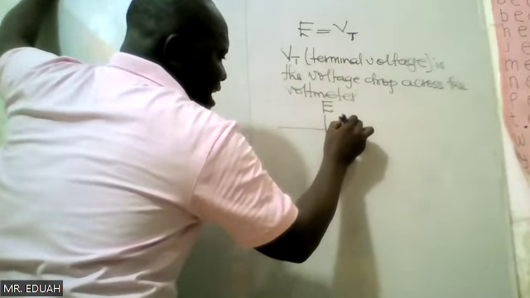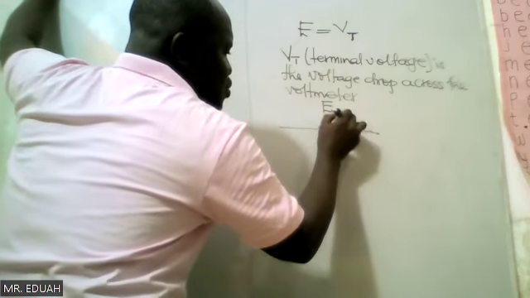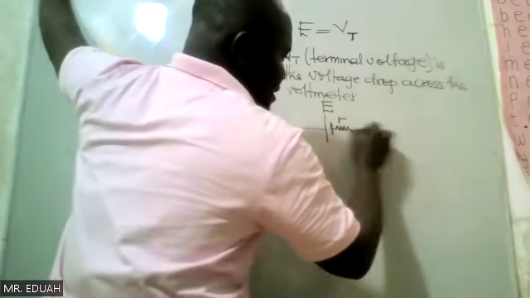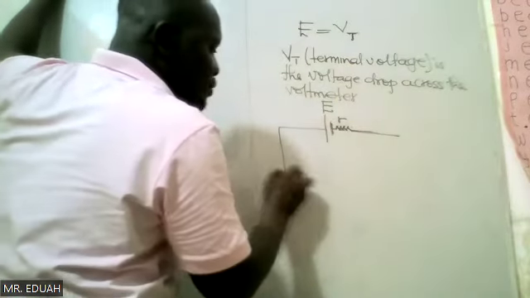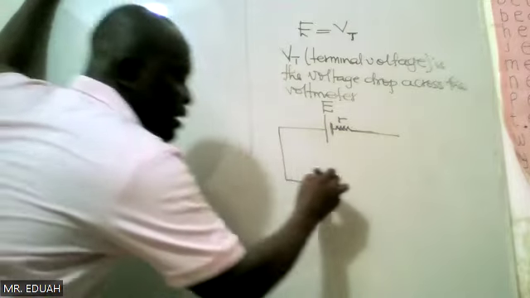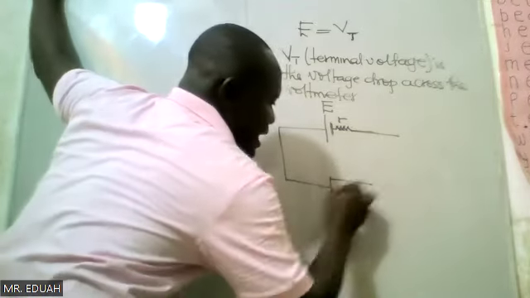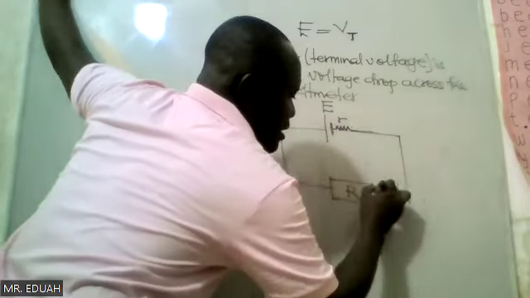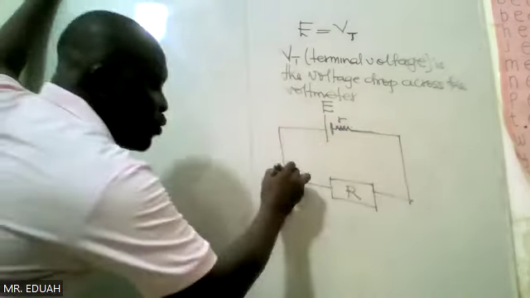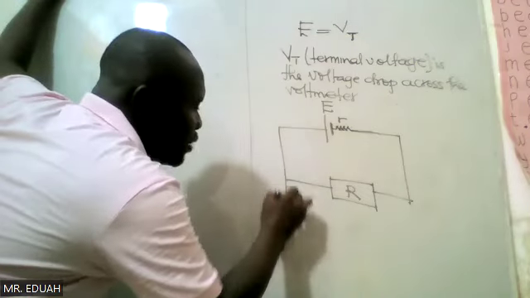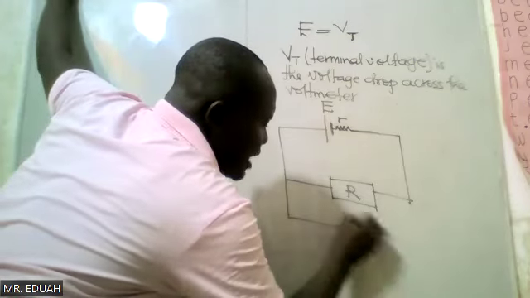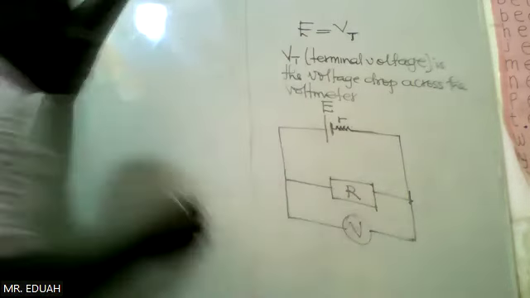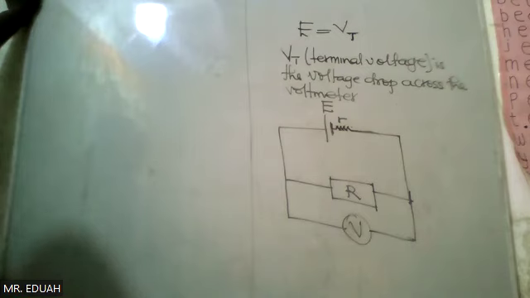So there's an internal resistance r within the battery. So when we connect an external resistor R, this time when we connect a voltmeter across the resistor, something happens.